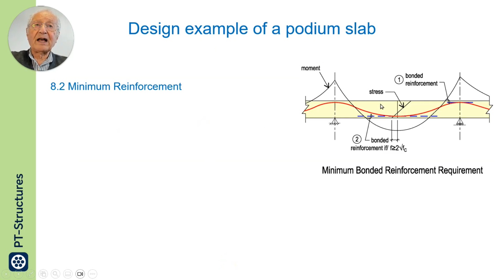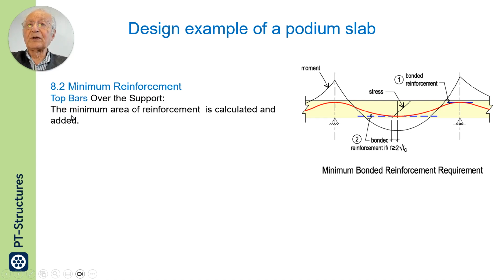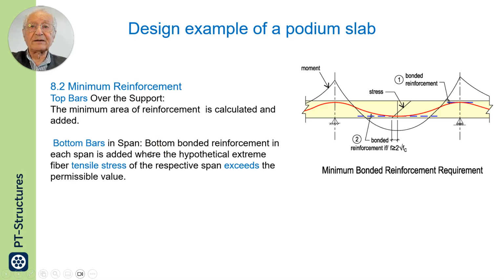Here I have a top, where here is the top. That is always required for the minimum reinforcement. Bottom, maybe not, depends on the magnitude of the tension stress at the bottom. So that is the diagram, and looking here over the supports, the minimum area of reinforcement is calculated and added.